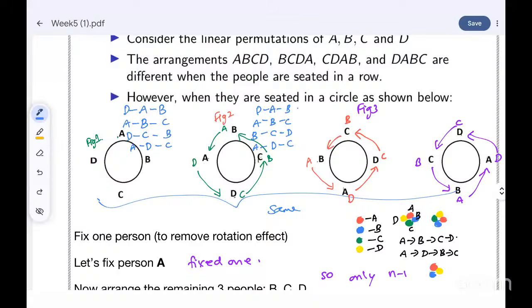So are these two the same or different? The first necklace and this one, are they the same or different?